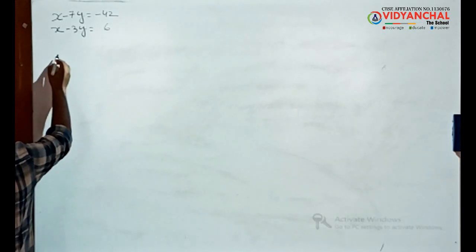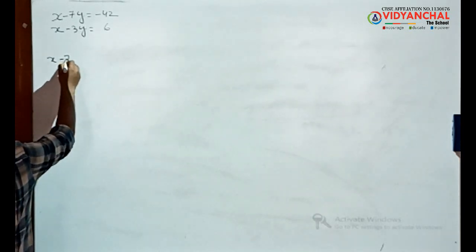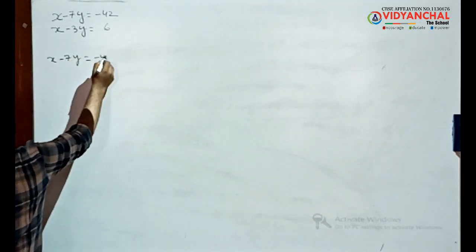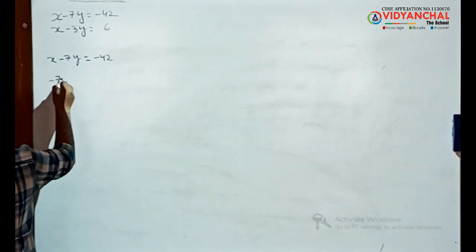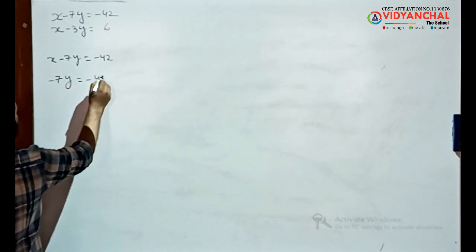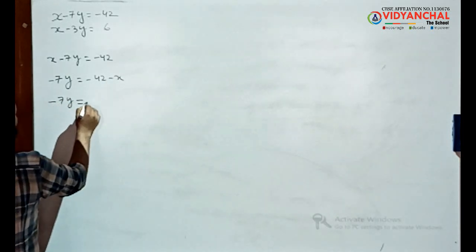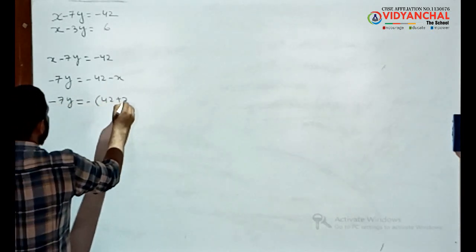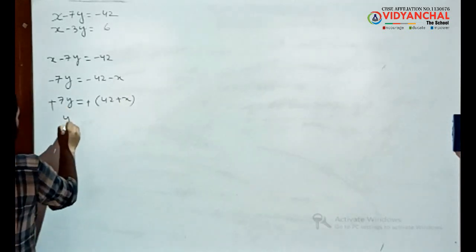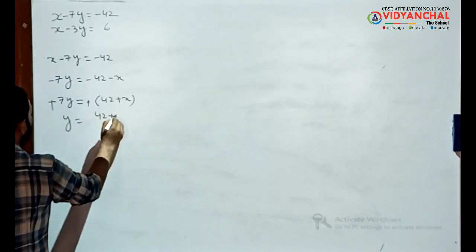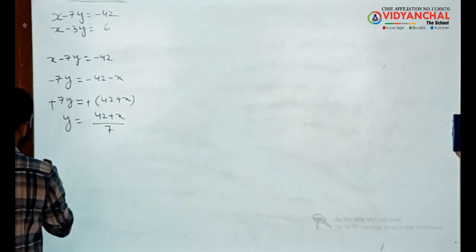Now we are going to find its coordinates. X minus 7y equals minus 42. So minus 7y equals minus 42 minus x, so y equals 42 plus x upon 7.